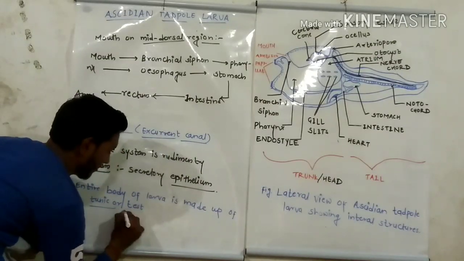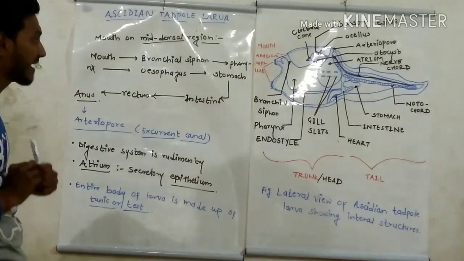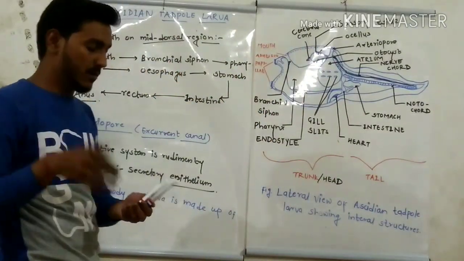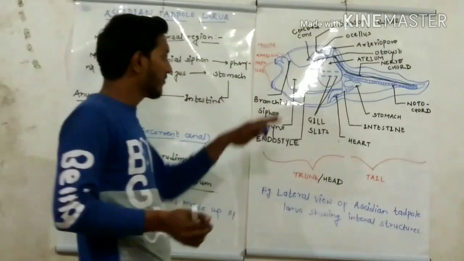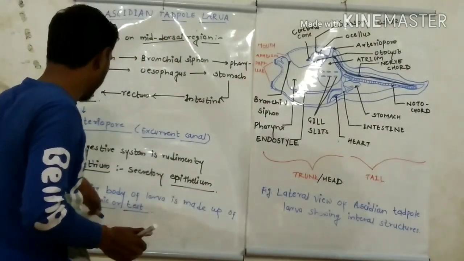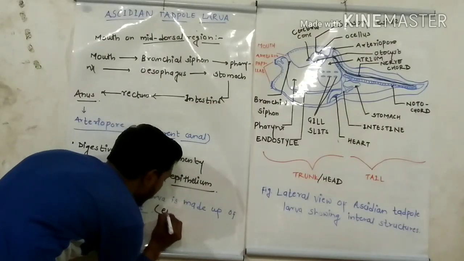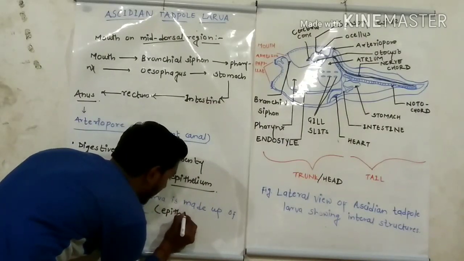This tunic or the test is secreted by the epithelium of the body. The outer epithelium secretes this tunic or the test.